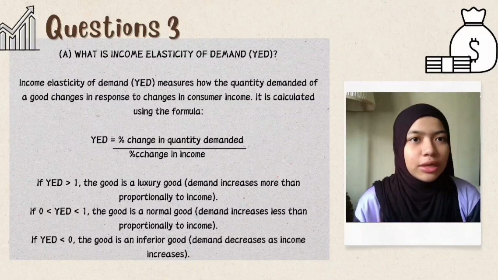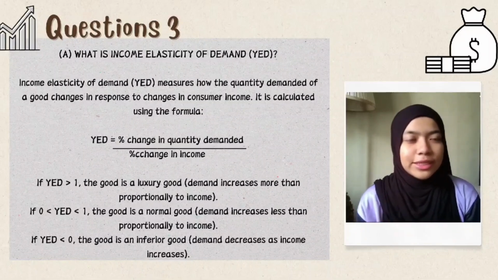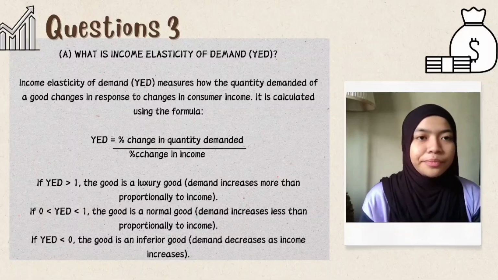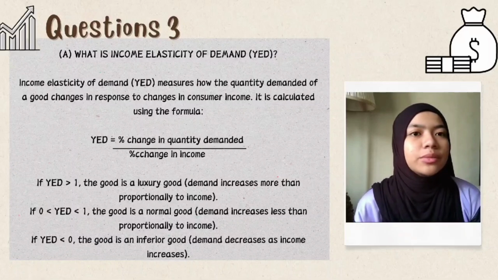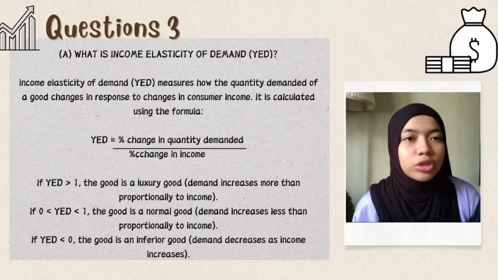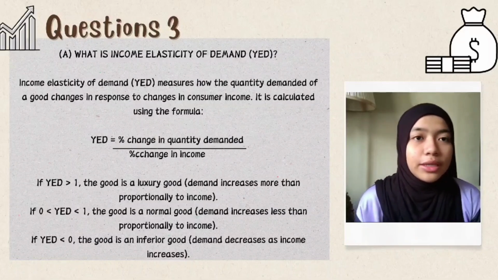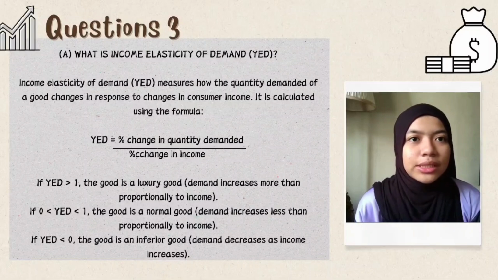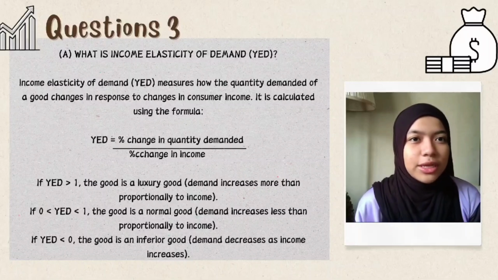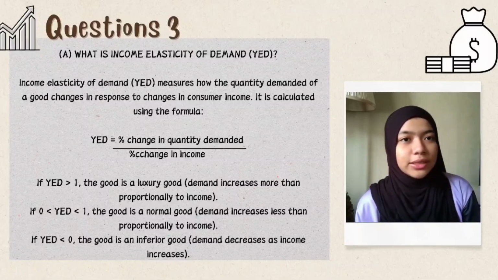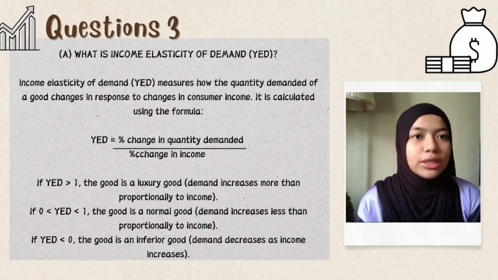If YED is more than 1, the good is a luxury good. Demand will increase more than proportionally to income. And if the YED is less than 1 or equal to 0, the good is a normal good. Demand increases less than proportionally to income.